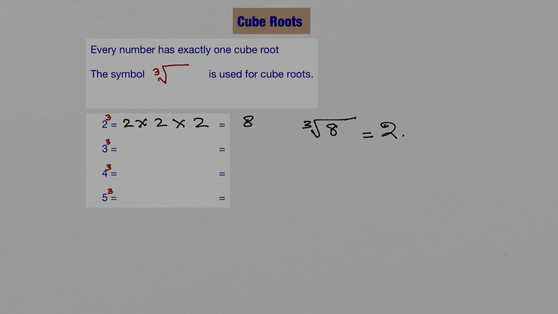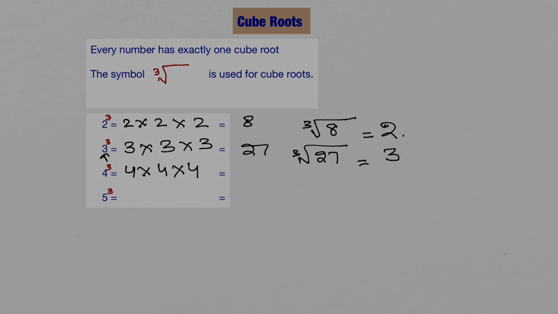For the next question, 3 times 3 times 3 is 27, so the cube root of 27 would be 3, as this is a reverse or opposite operation. 4 times 4 times 4 gives you 64, so the cube root of 64 in this case is 4.